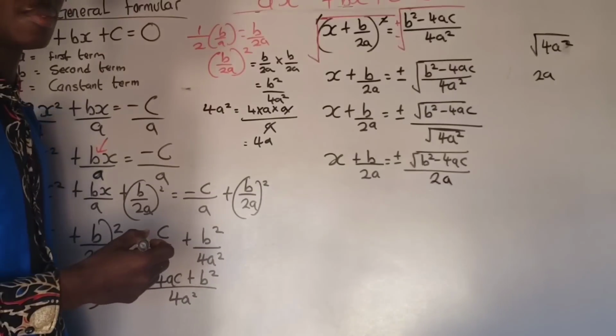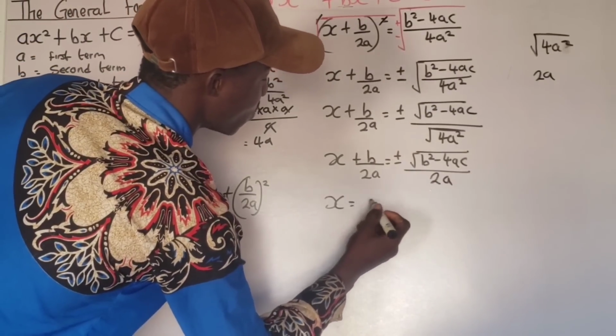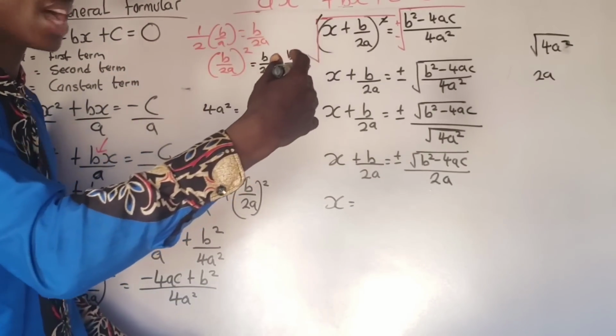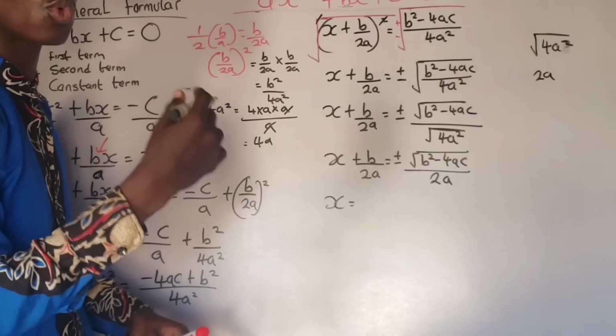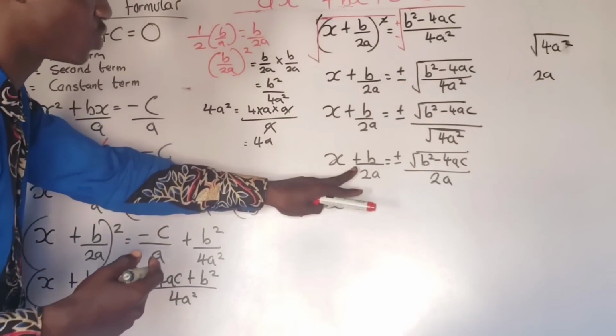Now let's proceed. Here I'm going to have x equals to, now if this b over 2a crosses the equals to sign, the positive sign is going to change to negative sign.